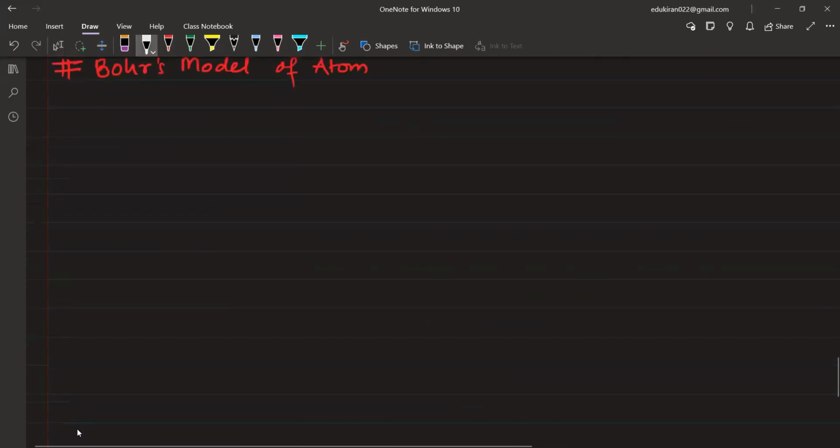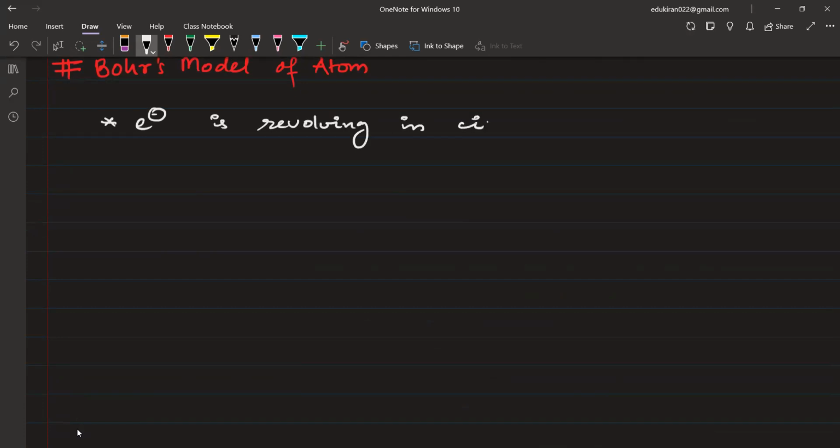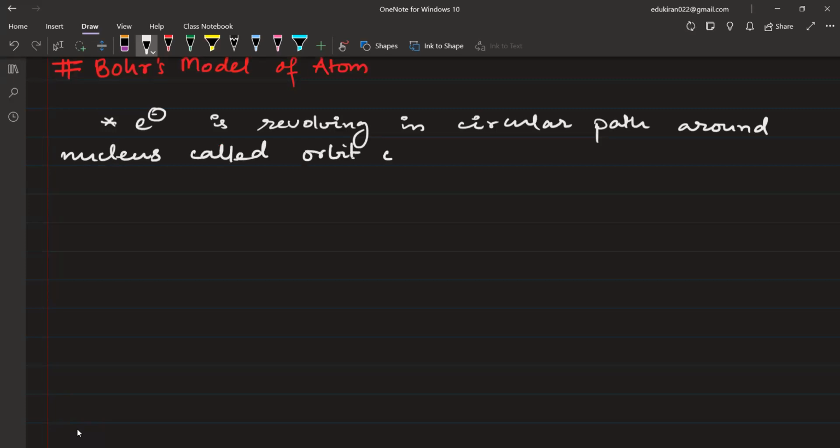Please write with me. He said electron, or rather electron is revolving in circular path around nucleus called orbit or shell, or energy level.